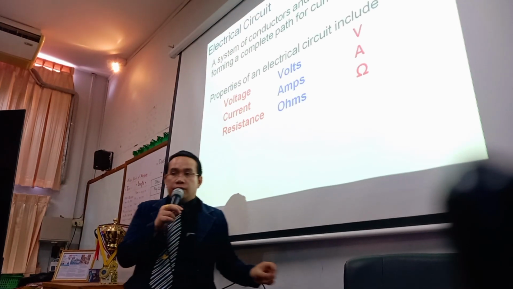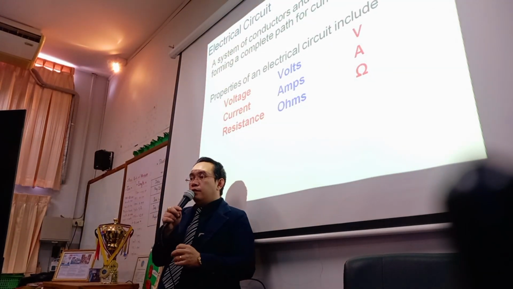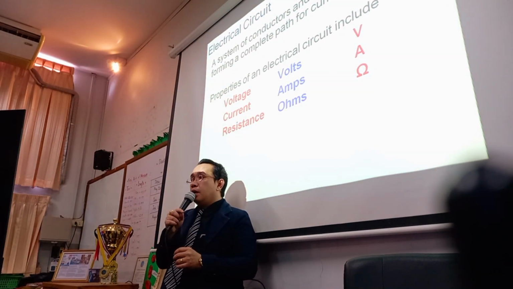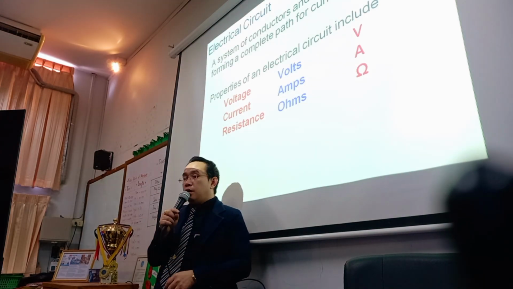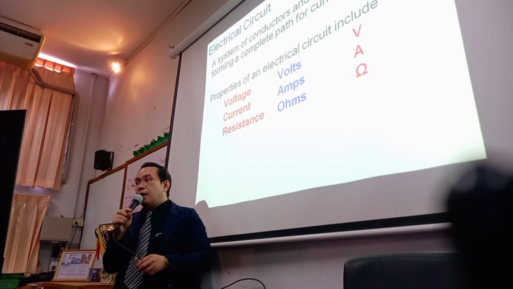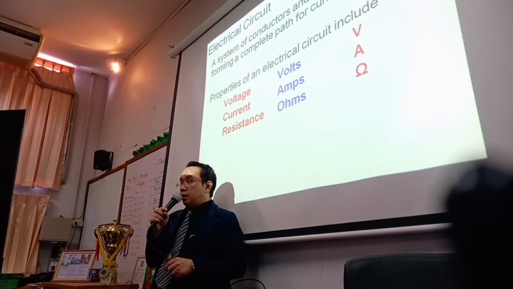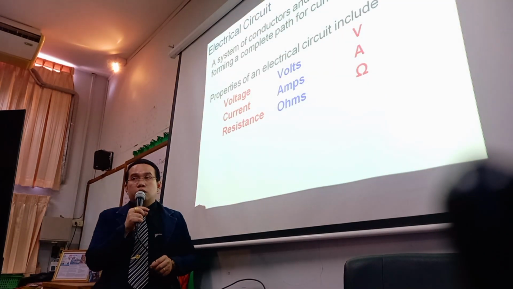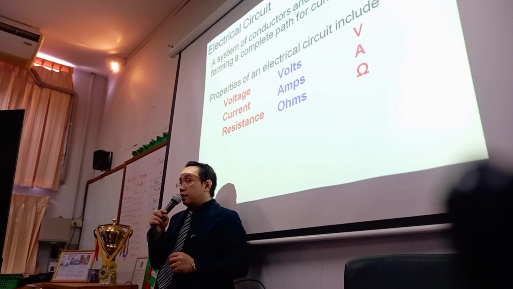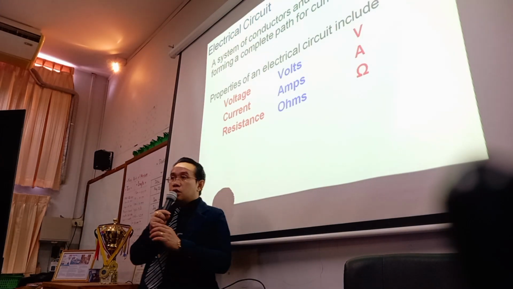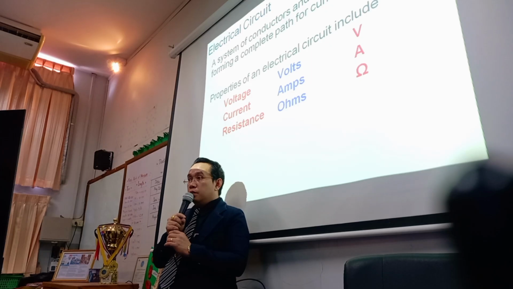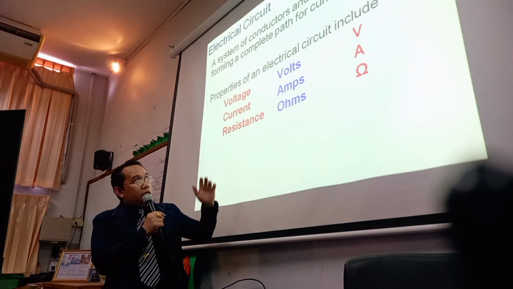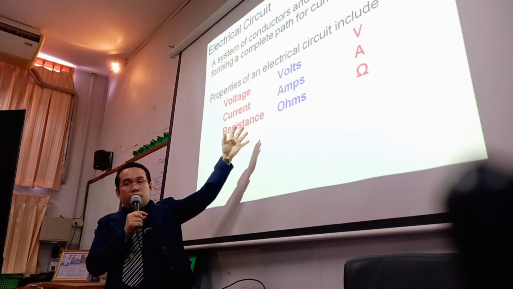Next one, what is the unit of current? Amps or ampere. The unit of current is amps or ampere. Next one, resistance. Okay. So what is the unit of resistance? Ohms. So this is the unit of resistance.